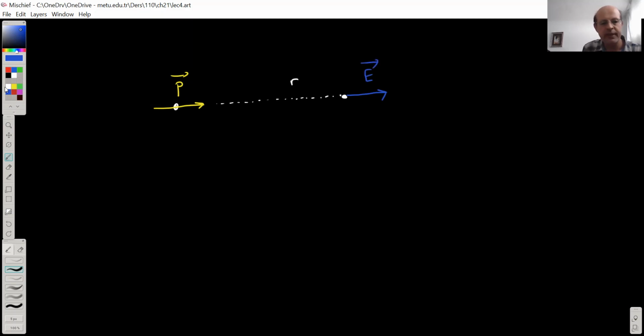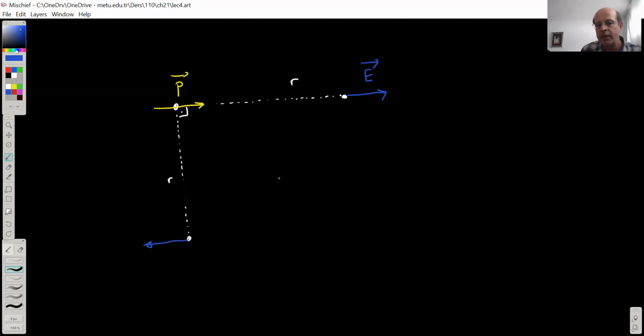But if I take, for example, this point here, where the position of the point relative to the dipole is perpendicular, that is 90 degrees, in that case the electric field is opposite.